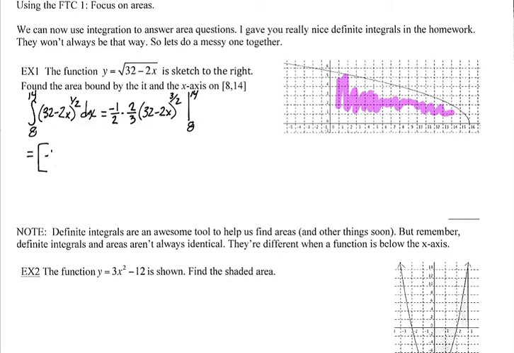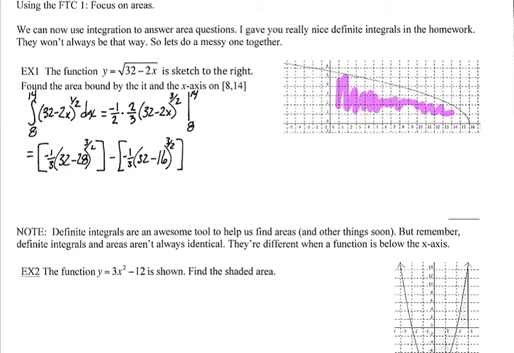So that's going to be -1/3 times 32 minus 2 times 14, which is 28, all raised to the 3/2 power, minus the low end, which is going to be -1/3 times 32 minus 2 times the low end, which is 8. So 2 times 8 is 16, and this is all raised to the 3/2 power.